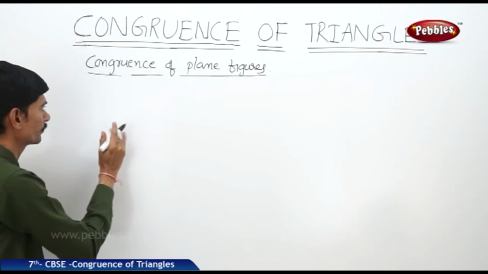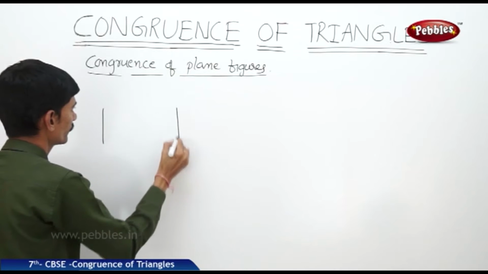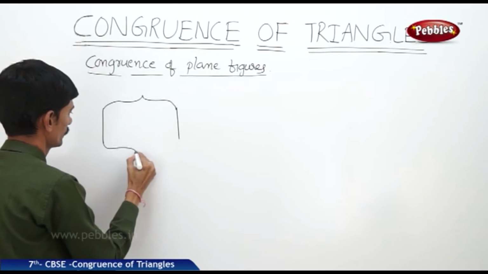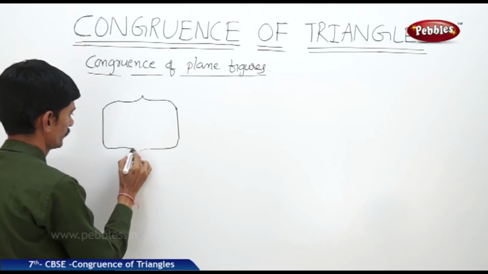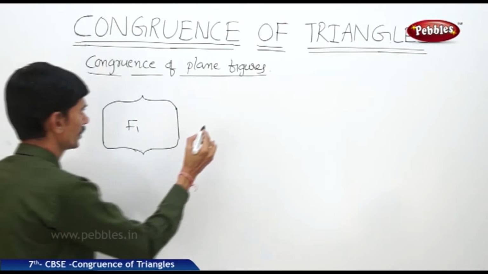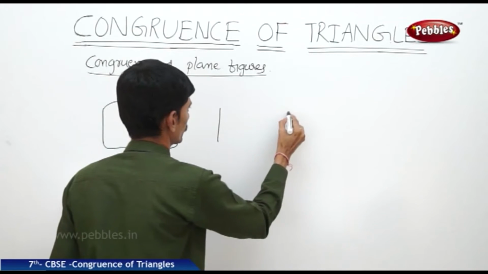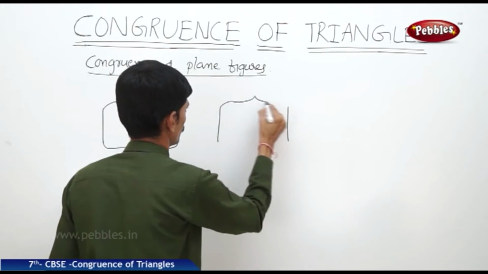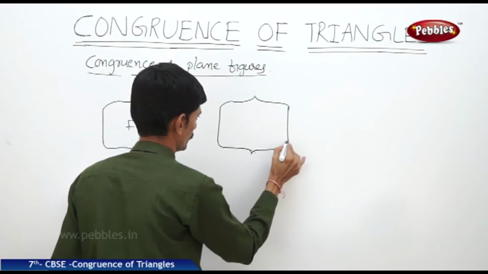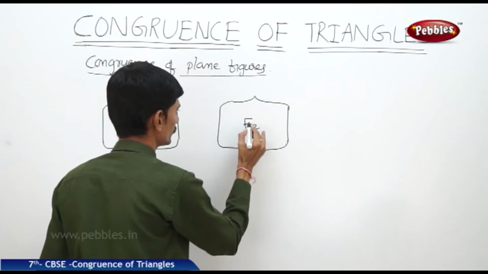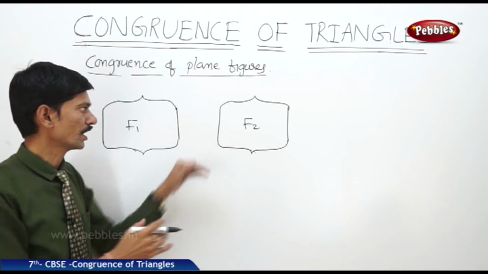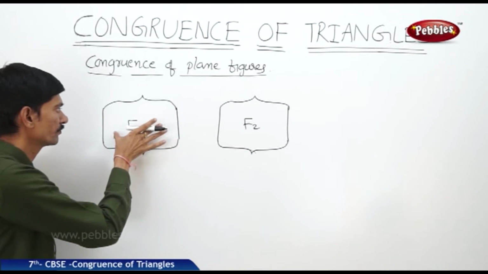Let us take any two plane figures, like figure 1, so this is figure 1, and take another plane figure. Now take the trace copy of the figure F2 and place it over the figure F1.